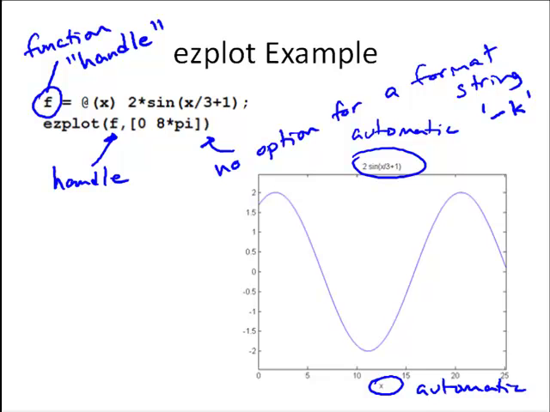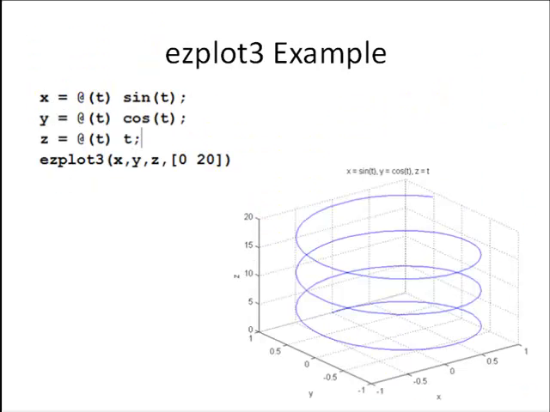EZPlot3 is similar. Here are 3 parametric functions that define a helix: x equals sine of t, y equals cosine of t, and z equals t. Together those 3 functions define a helix, and we can get a look at that using the EZPlot3 function.